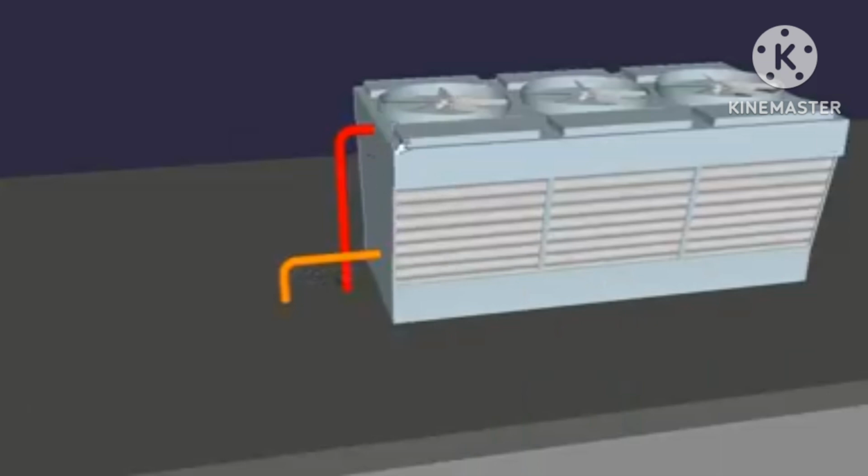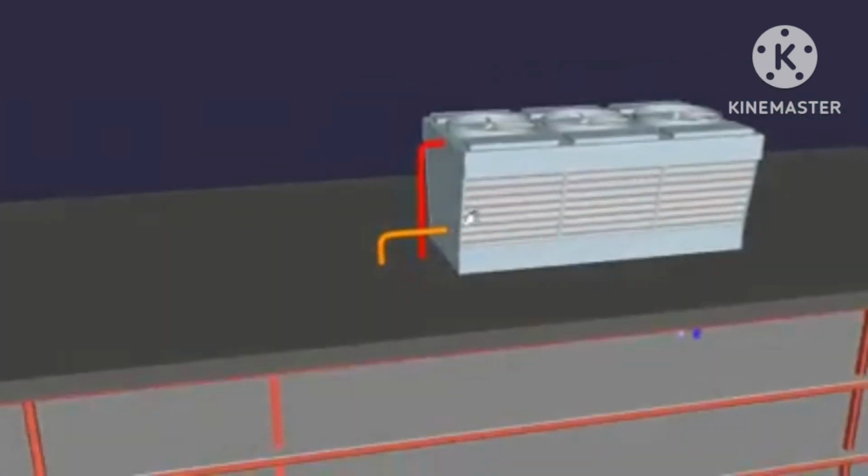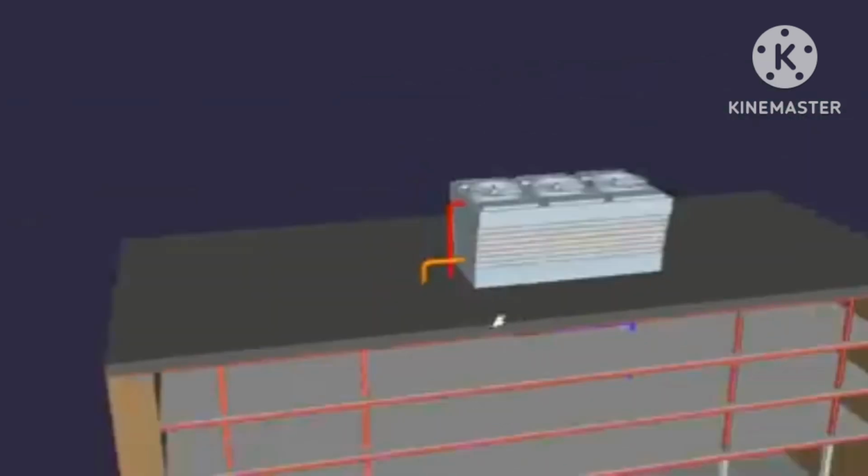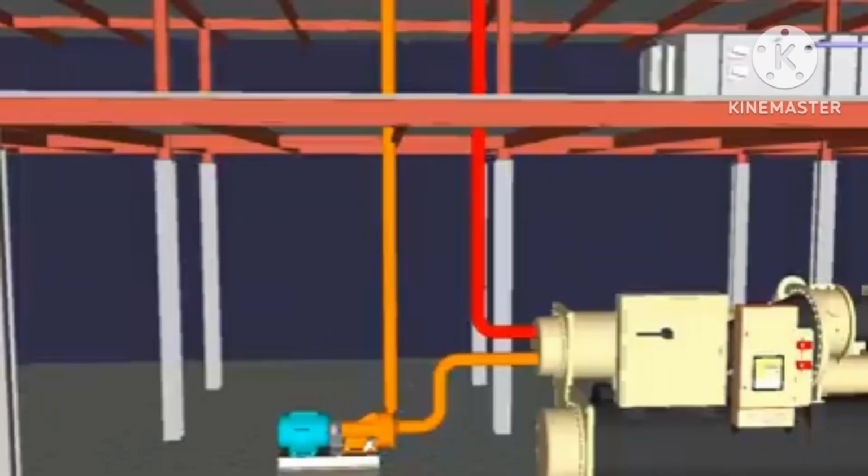So once this cooling tower has lost about 7 degrees in the cooling process, the water is collected at the bottom and sent back down to the condenser pump, and that is then pushed back inside the condenser. I've actually put this pump around the wrong way there.